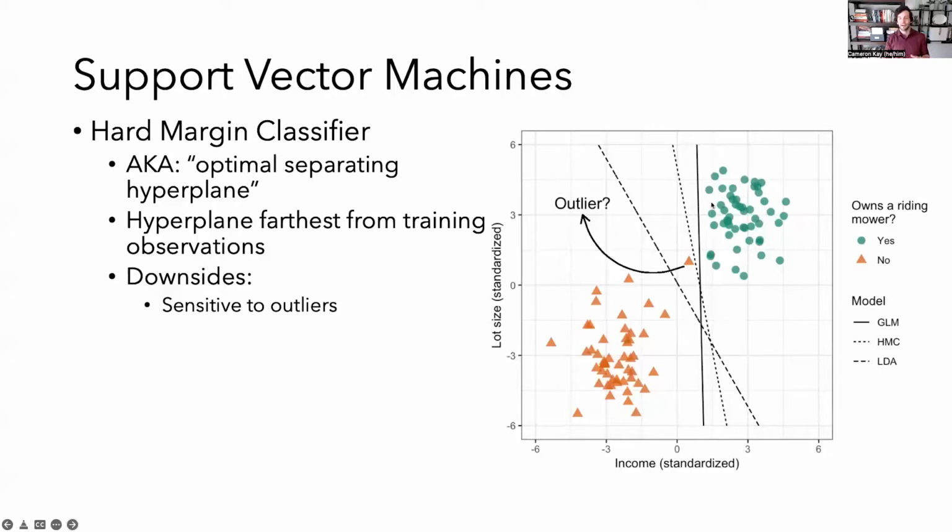It's much closer to the other yeses than it is to any of the no's. So potentially in this case, we're overfitting, which is causing worse predictions on the test data set, because our hard margin classifier is thrown off by this one observation, which might be an outlier.